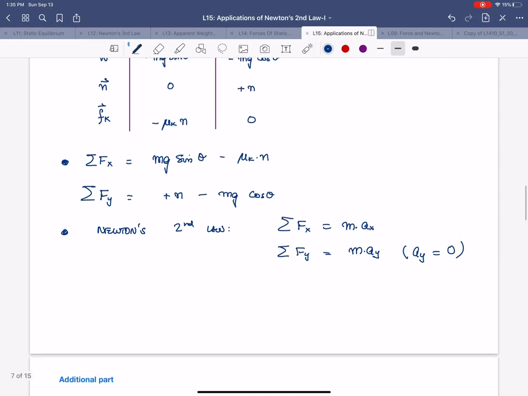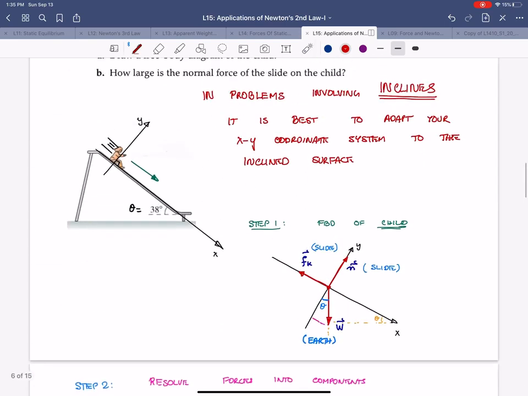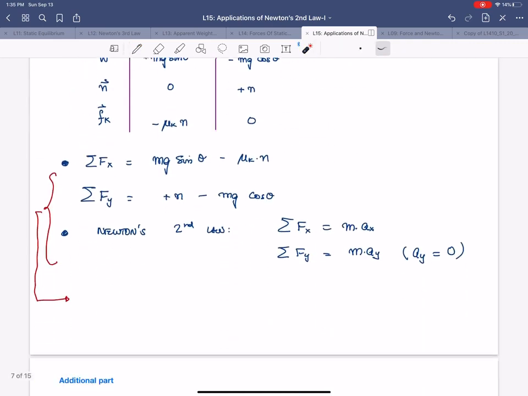So now combining these two sets of results, to answer this particular problem, what they're asking for in part B is how large is the normal force on the slide. All we really need is this equation right here.